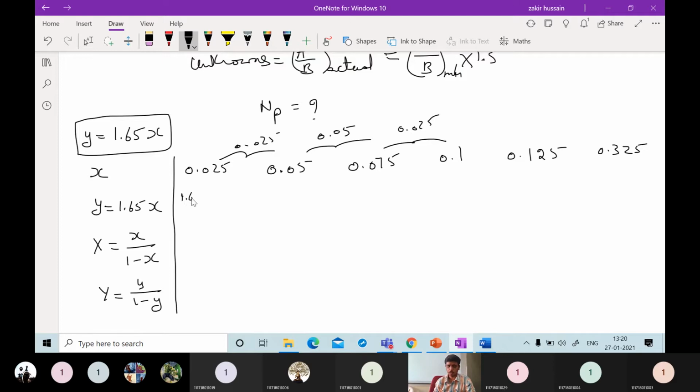So y is 1.65 into 0.025, 1.65 into 0.05, 1.65 into 0.075, 1.65 into 0.1, 1.65 into 0.125, and 1.65 into 0.325. Just calculate and tell me how much the amounts are.